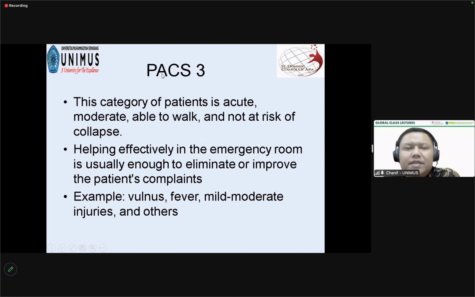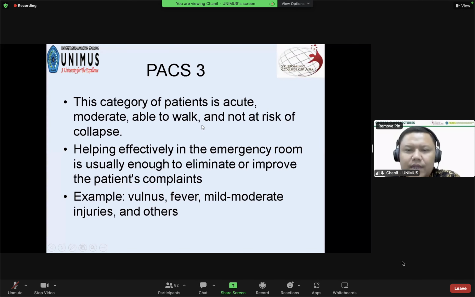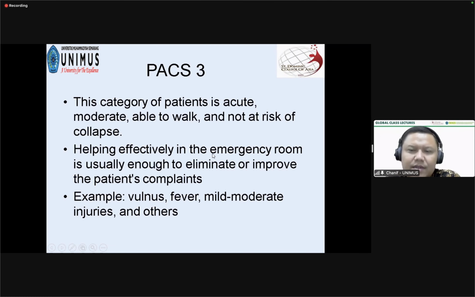And then for PACS 3, this category of patient is acute, moderate, able to walk, and not at risk of collapse. Helping effectively in the emergency room is usually enough to eliminate or improve the patient's complaints. For example, patients with fever, mild to moderate injuries, and others.